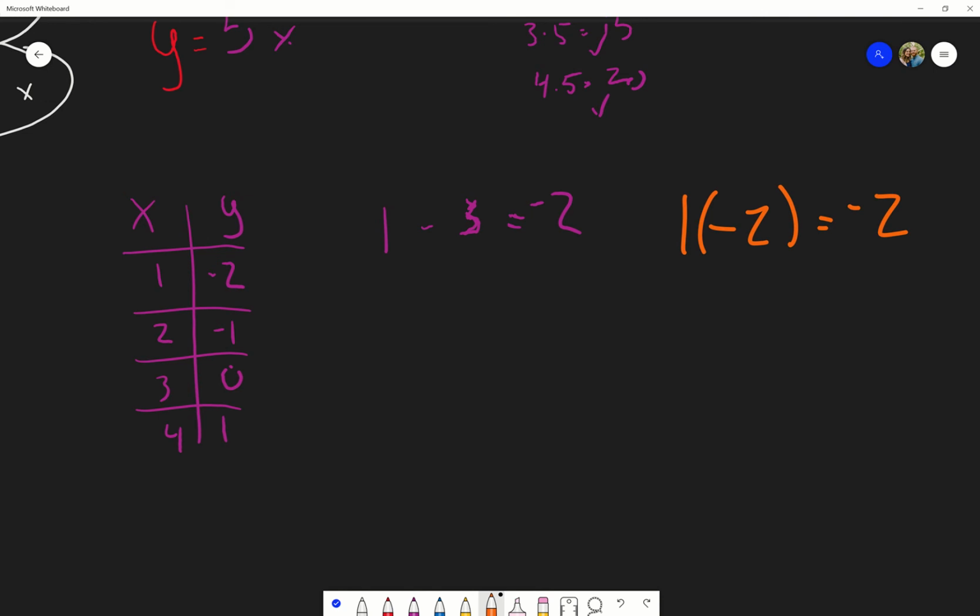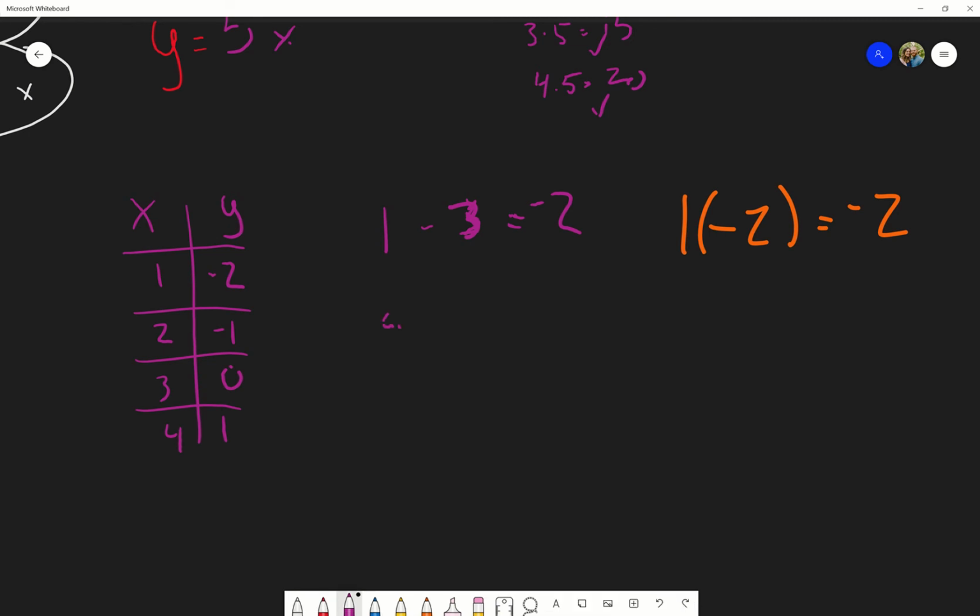So the two ways I could get there are by subtracting 3 or multiplying by -2. Let's check. 1 minus 3 is -2. That works. Both of these work. Let's check our next value.